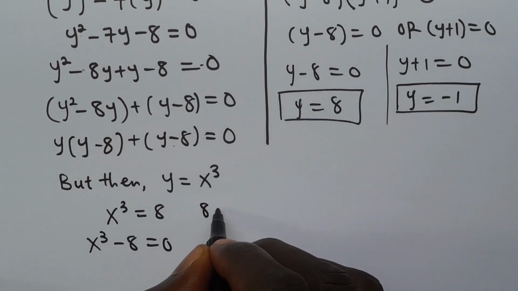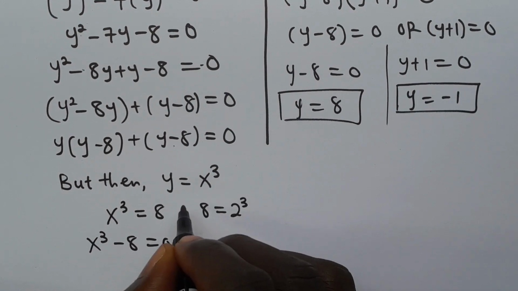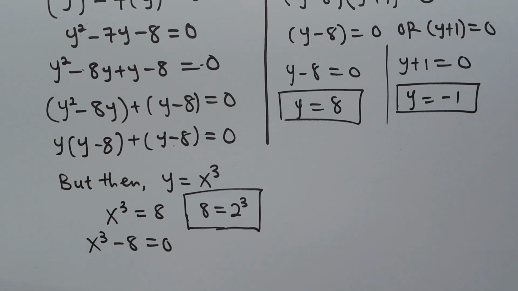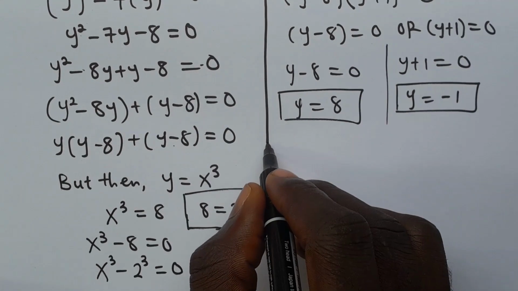And 8 equals 2 raised to power 3, that's according to the law of indices. Now we can have it here back, x cubed minus 2 raised to power 3, and we let everything equal 0. We can solve this quadratically.